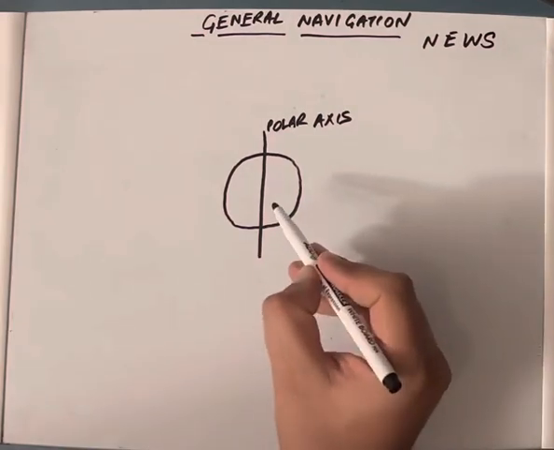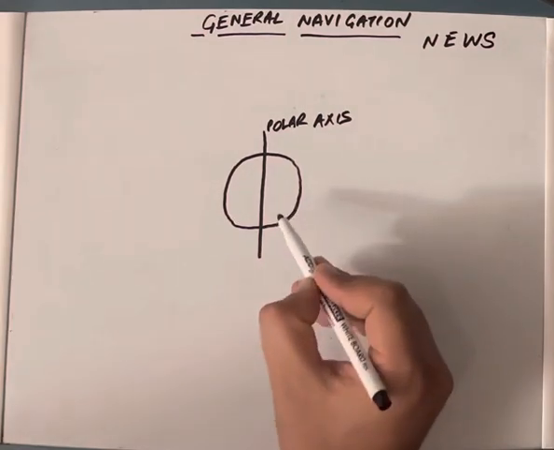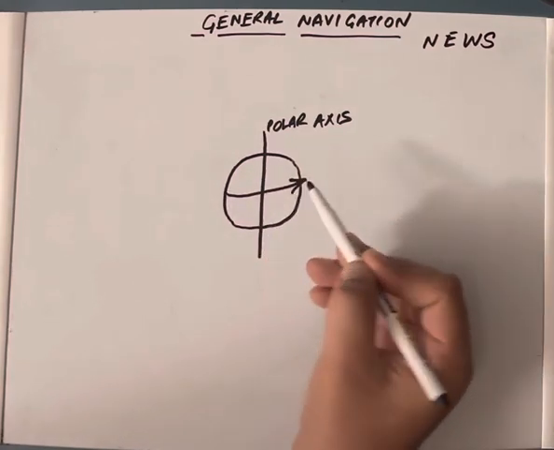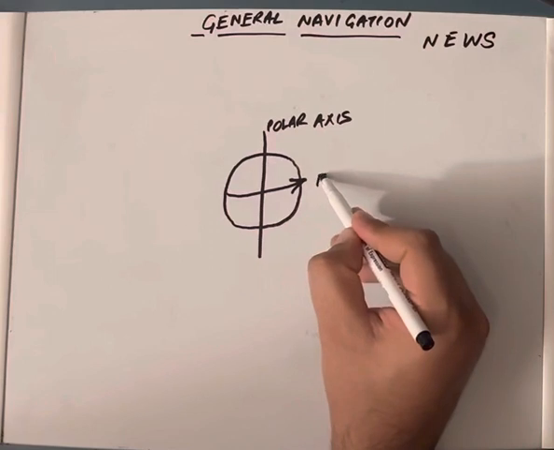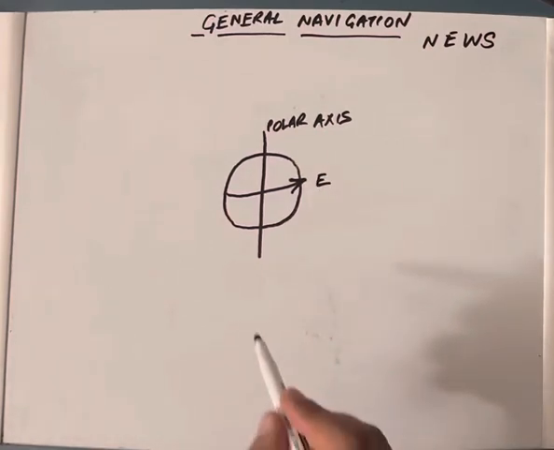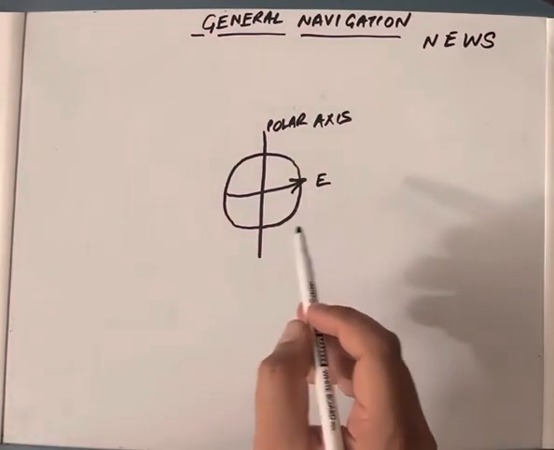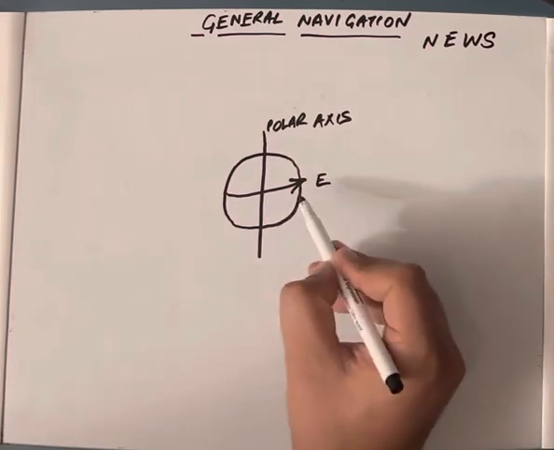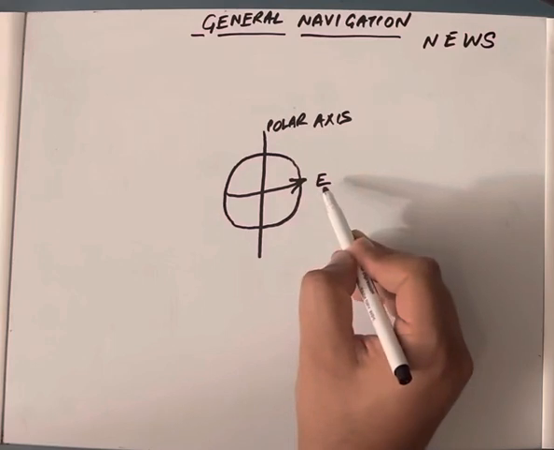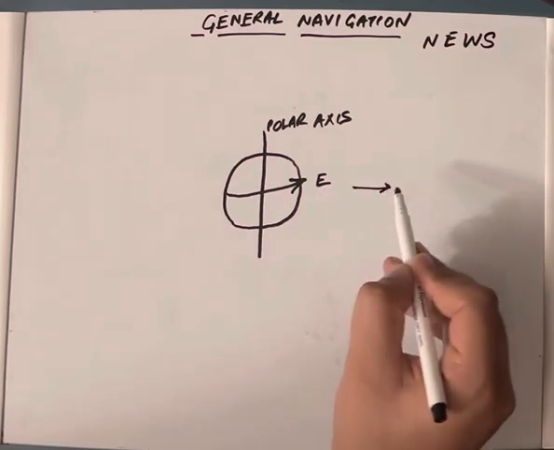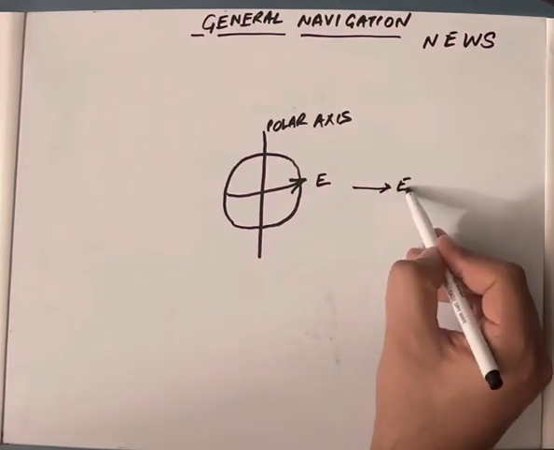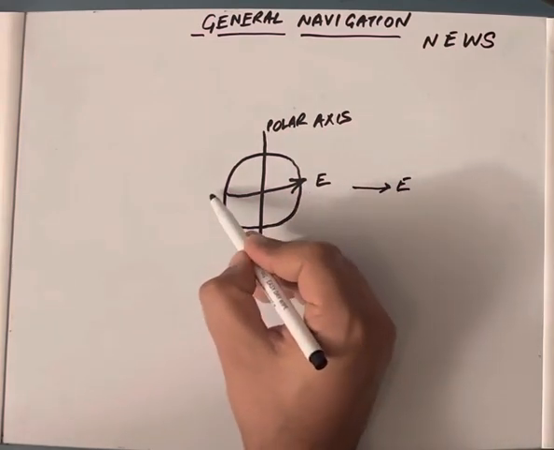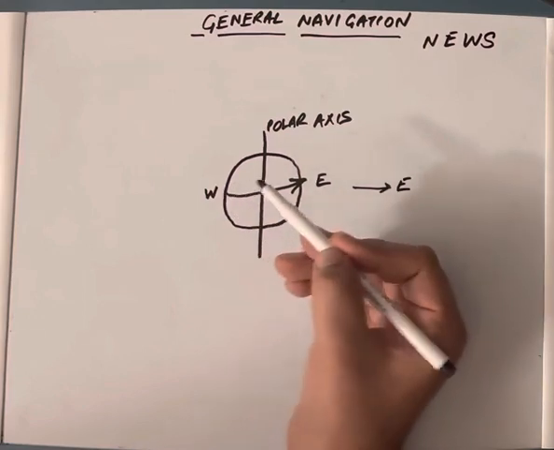The direction in which the earth spins is known as east. That is the basis of all other directions, as we shall see. The direction in which the earth rotates or spins, this direction, is known as east. And the direction opposite to the direction of the earth's spin is known as west.